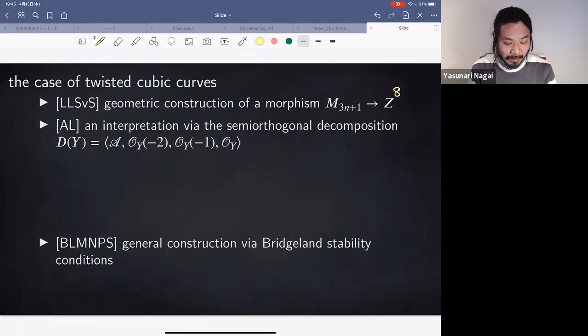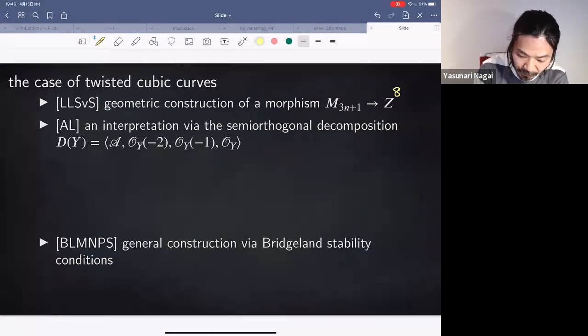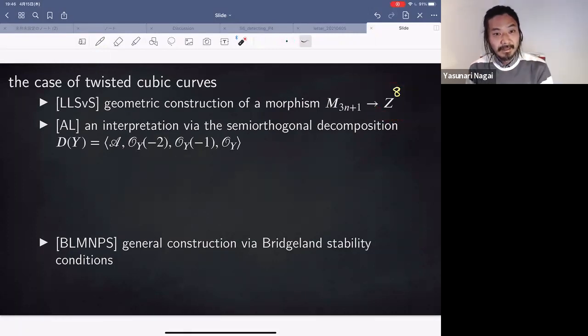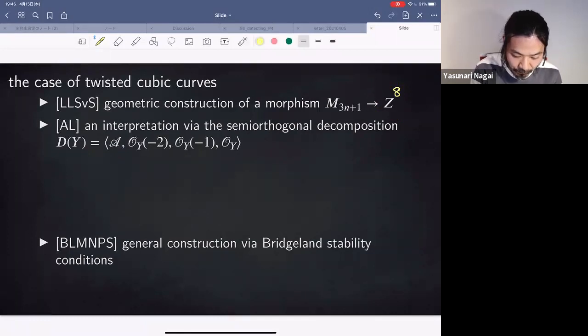Later, Addington and Lehn verified that the points of this symplectic variety Z can be interpreted as a projection to the so-called Kuznetsov component in the semi-orthogonal decomposition of the cubic fourfold. What they observed is something like this.